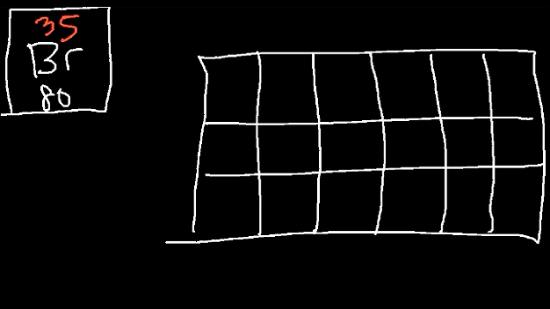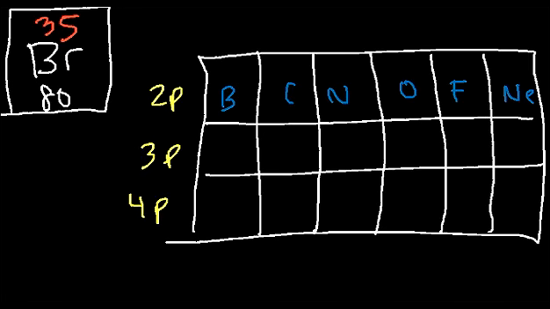In the p block, you'll see elements like boron, carbon, nitrogen, oxygen, fluorine, neon. That's the 2p sublevel. This is 3p, this is 4p. Bromine is somewhere over here. Bromine ends in 4p5. This is 1, 2, 3, 4, so 4p5.